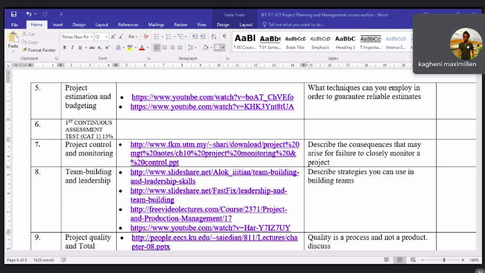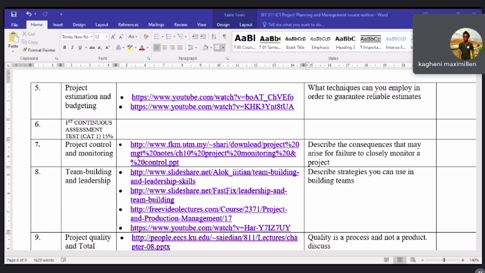Team building and leadership. You work as a team on a project. It is very important that a project manager is aware of how to work as a team, how to build teams, and promote team spirit.